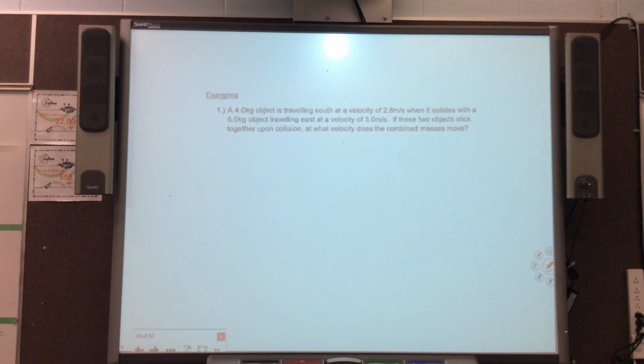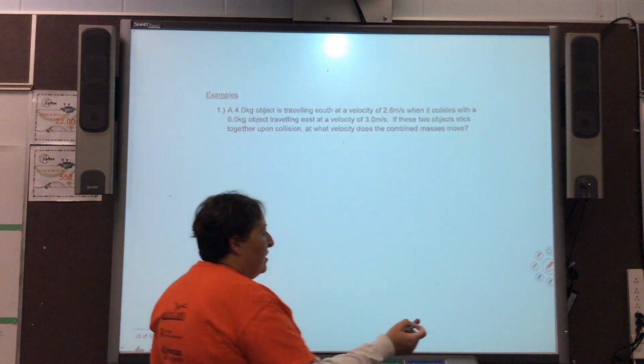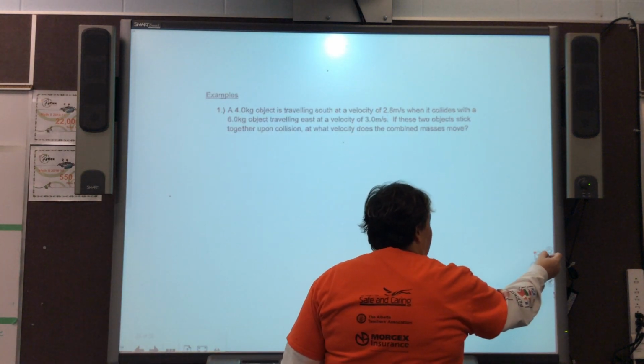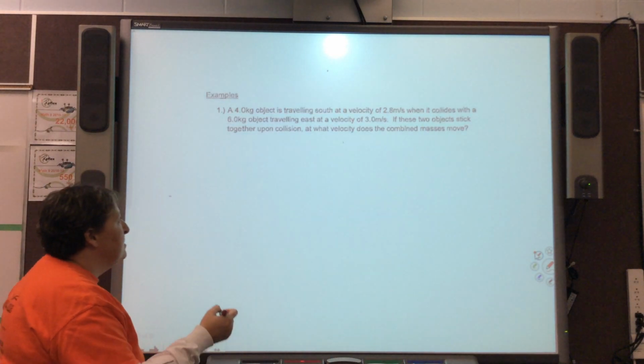A 4 kilogram object is traveling south at a velocity of 2.8 meters per second when it collides with a 6 kilogram object traveling east at a velocity of 3 meters per second. If these two objects stick together upon collision, at what velocity does the combined masses move? This is where drawing a picture is going to become really important.